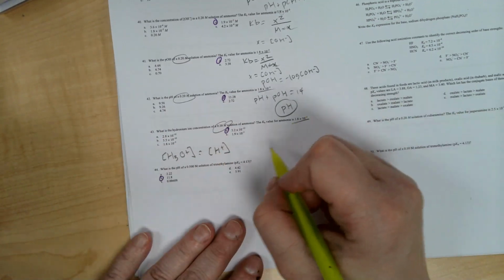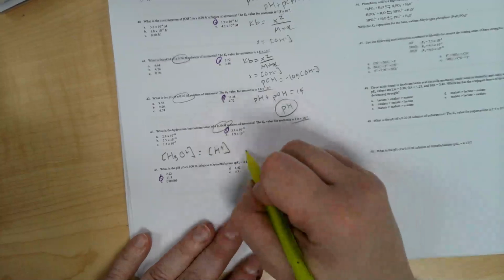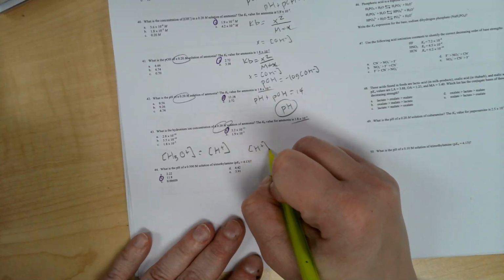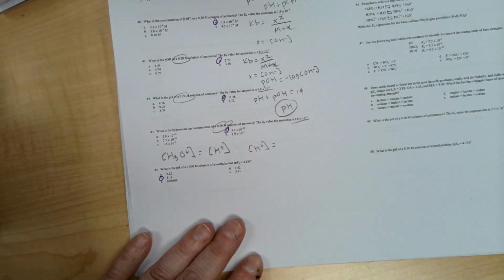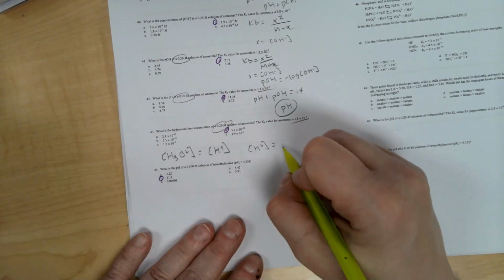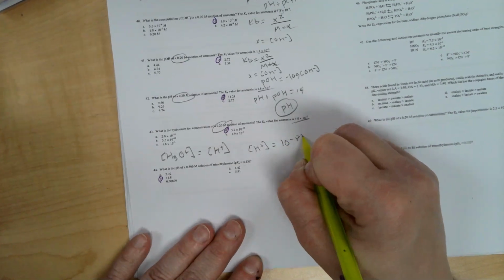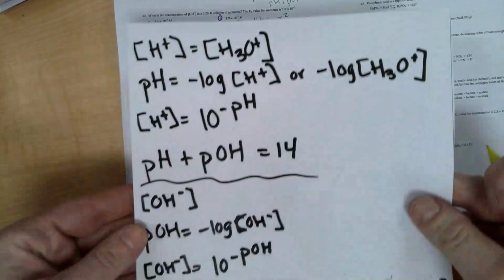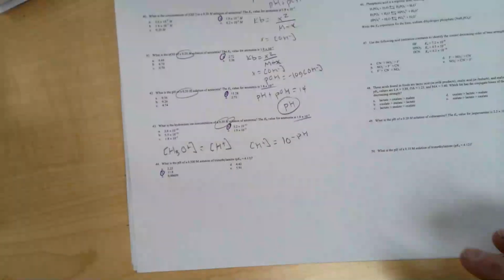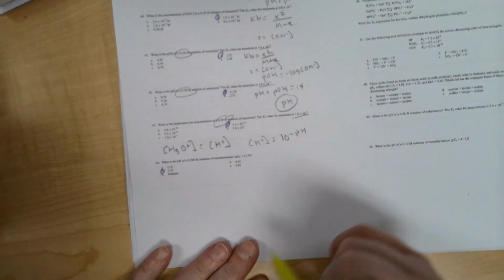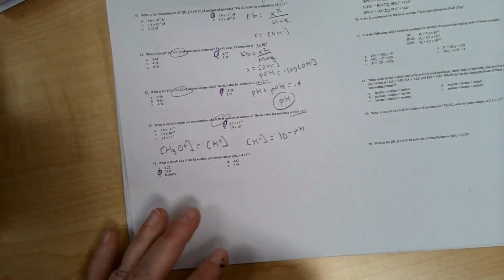And if you have the pH, how do you find the H+ concentration? According to your formula sheet, which you can look up, our H+ concentration is going to be 10 to the minus pH. Again, I'm not pulling it out of nowhere. I'm getting that directly from here, right? Then you're going to be able to use that to get your H+ concentration.